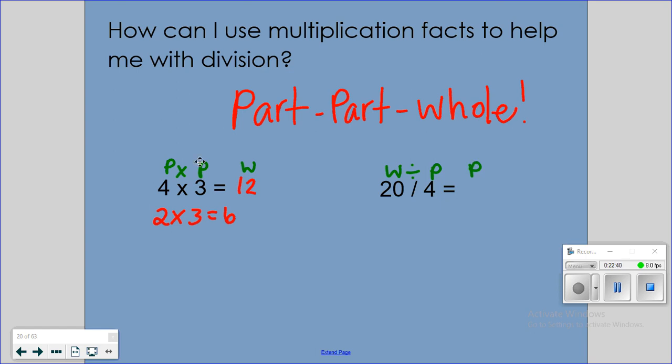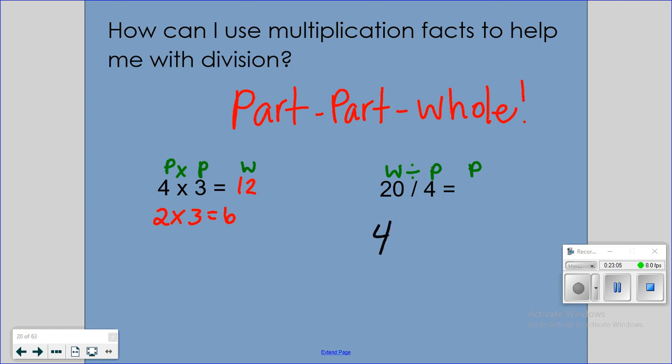I'm going to use that, and I'm going to write a multiplication equation. My multiplication equation is going to start with a part. You see how it has a P right there? Which part you want to start with? Doesn't matter. You can start with either one of them. Will? The 4. Okay. 4.